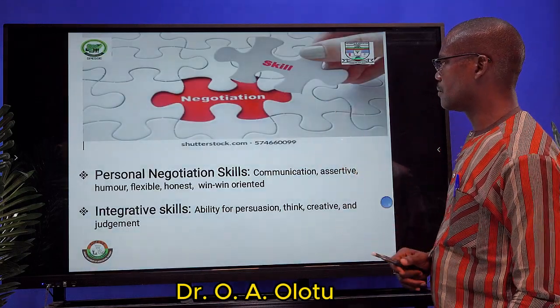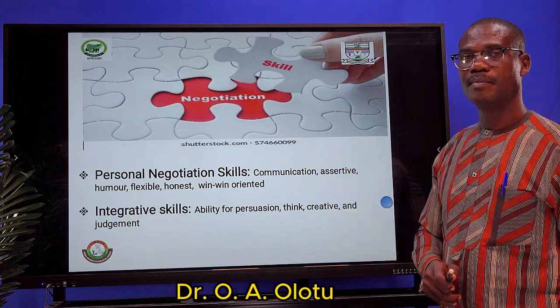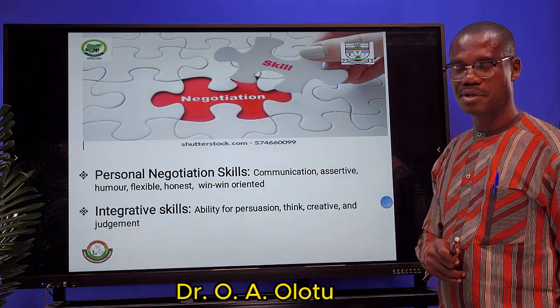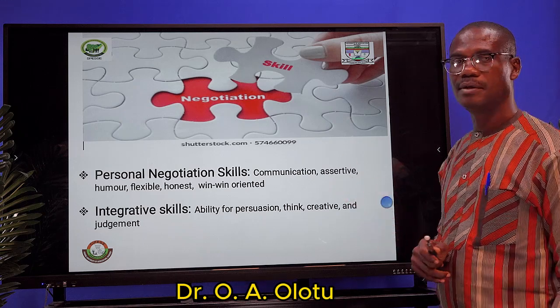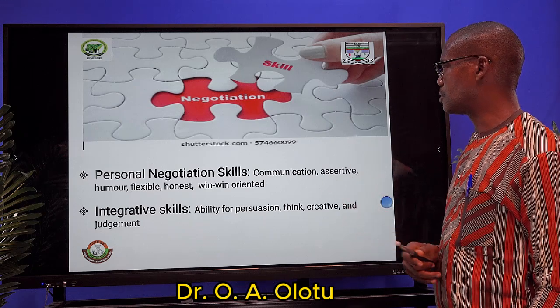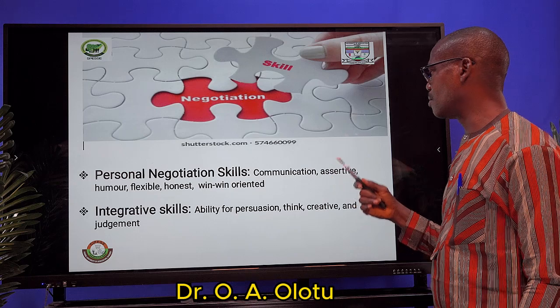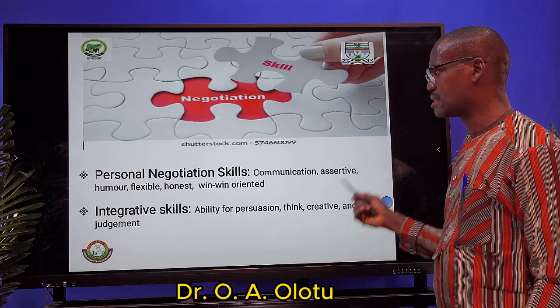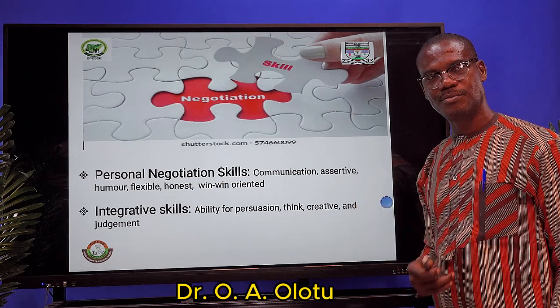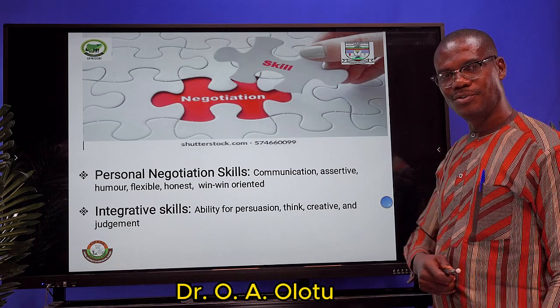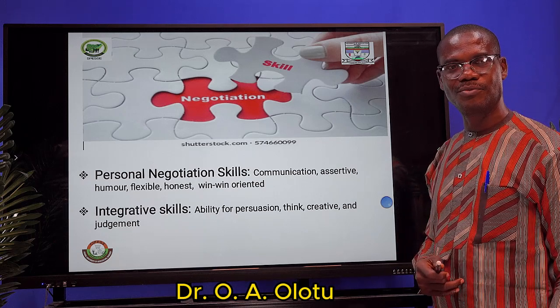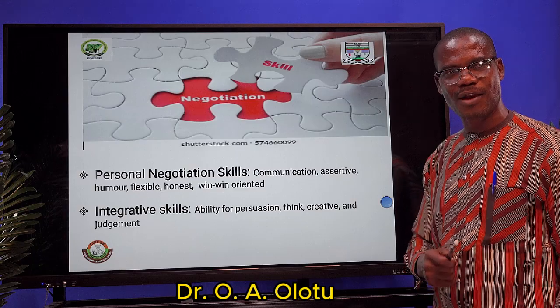Then what are the skills of negotiation? We have two types: personal negotiation skills and integrative skills. The personal negotiation skill deals with your level of communication, your assertiveness, your humor. You don't go to negotiation with a stern face as if you are going to war.